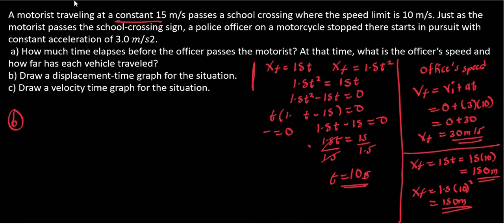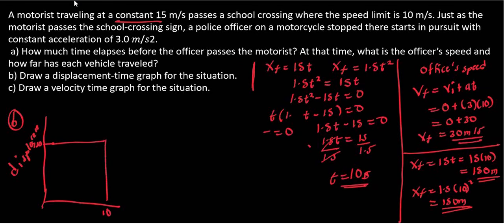So the displacement time graph will have displacement on the vertical axis, meaning they moved 150. That's the displacement. And the time at which they caught up is 10, from 0. So this is the time axis.